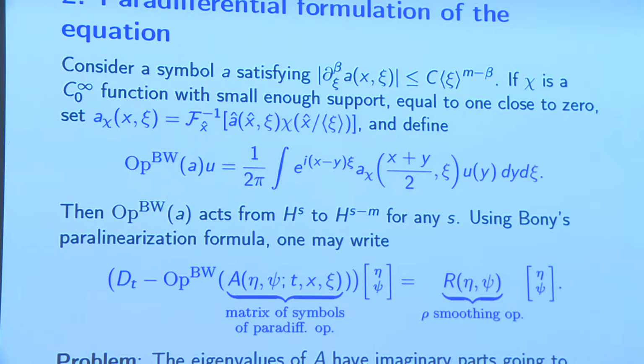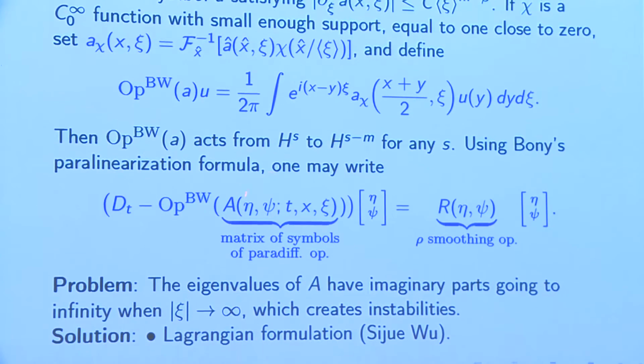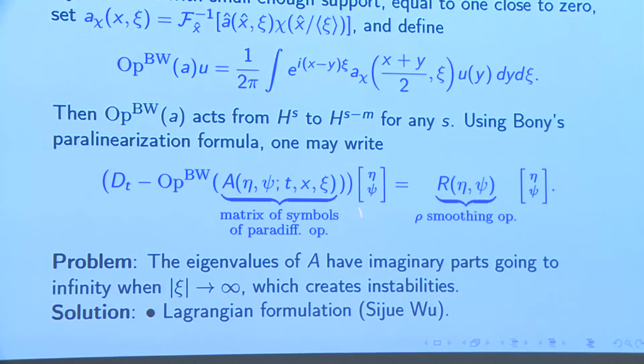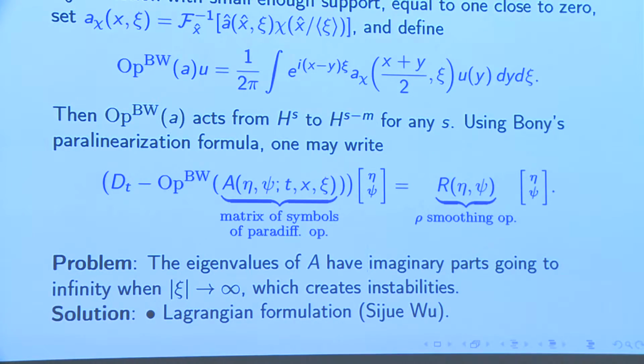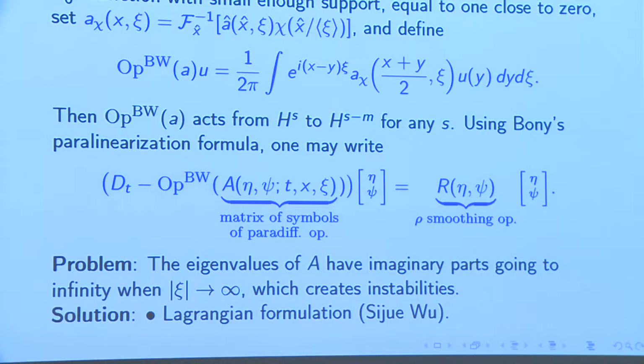In other words, you have instabilities which prevent you from getting energy estimates without derivative losses from such a formulation when you apply this polarization method to a water waves equation.